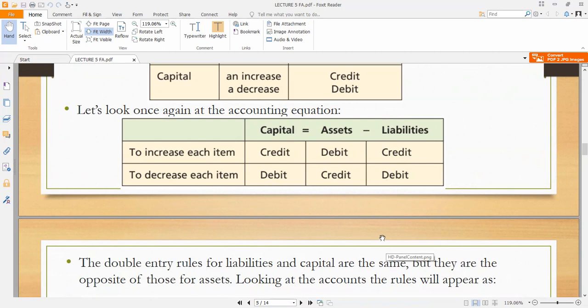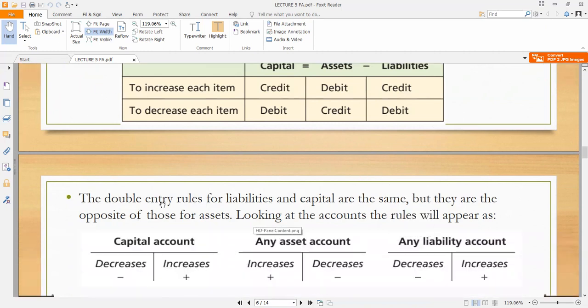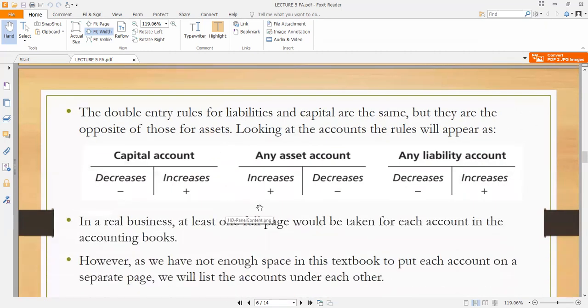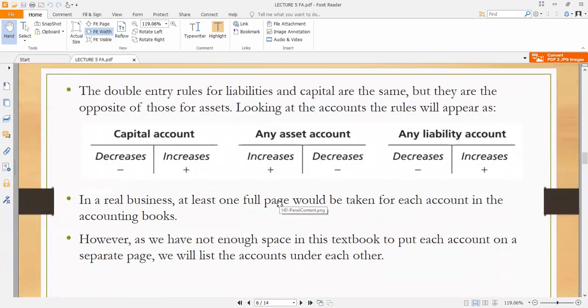It will be very, very clear. Now, the double entry rules for liability and capital are the same, but they are the opposite of those for assets. Looking at the accounts, the rule will appear as follows.